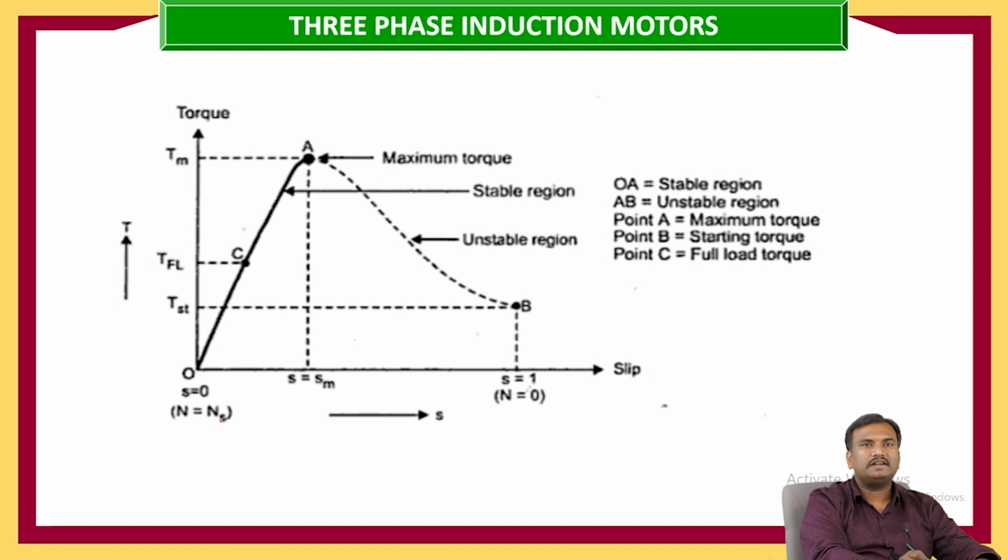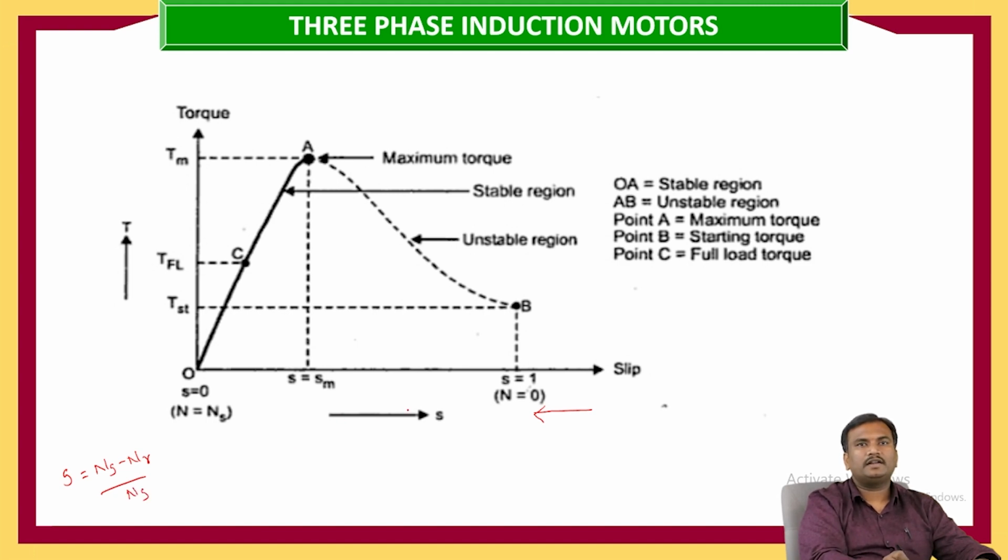When the motor speed is at synchronous speed, the slip value is 0, and here the slip value is 1. So here the motor speed is increasing in this particular direction, and the slip value is increasing in this particular direction, because slip is equal to (Ns minus Nr) by Ns.